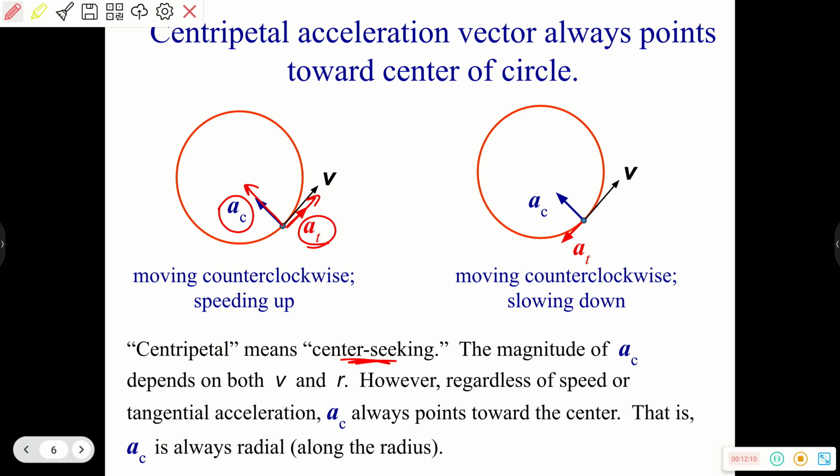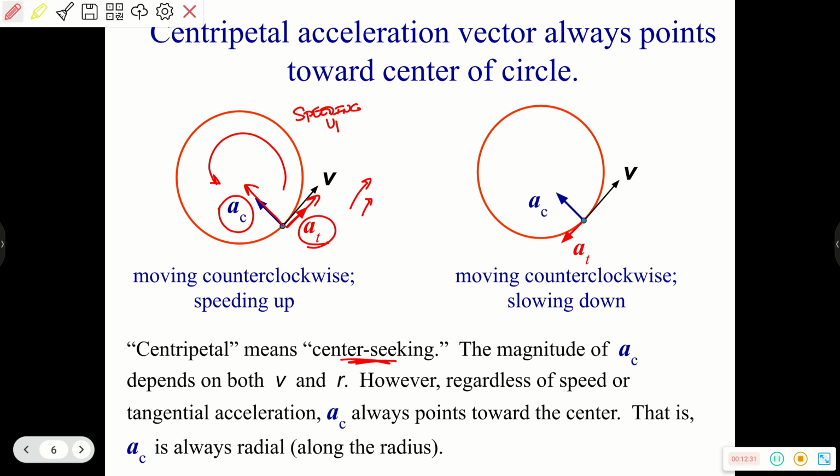In this case, the object's moving counterclockwise, but it's speeding up. How do you know that it's speeding up? Well, the velocity is going this way and the acceleration's also going this way. So this object is speeding up.